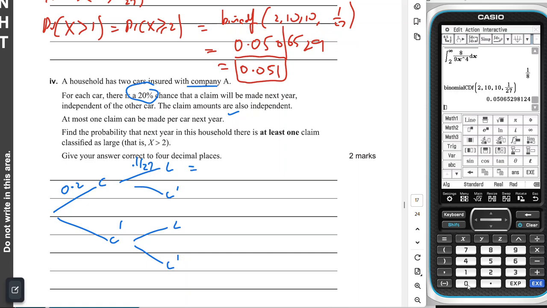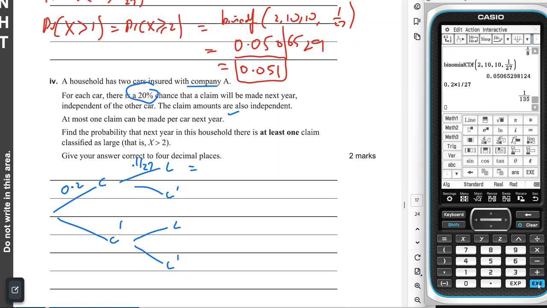So 0.2 times 1 divided by 27 gives you 1 on 135. So the probability that you make a claim and that it's large is 1 on 135.